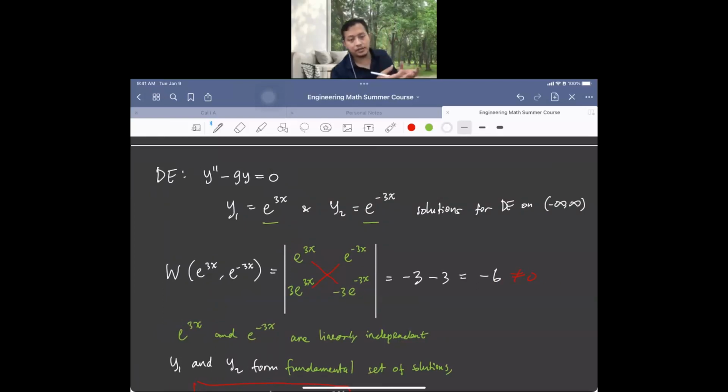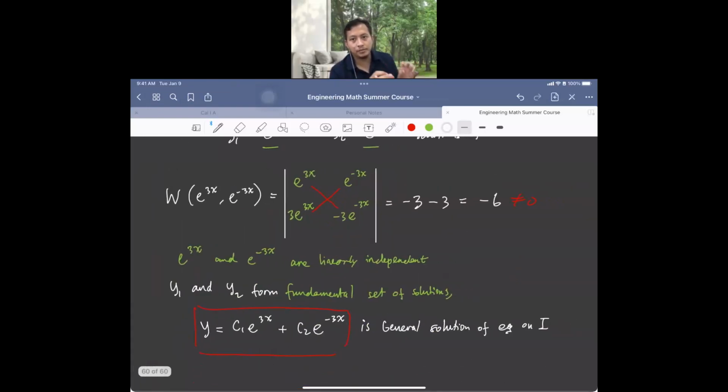If we check the determinant and the result is not equal to 0, then our solution is linearly independent, and that is what we are looking for. So if they are both linearly independent, we can combine these two solutions into one general solution because of the superposition, and we call this solution a general solution.